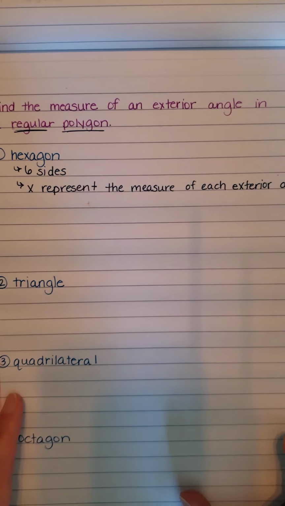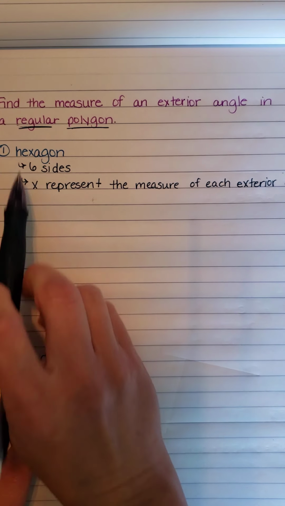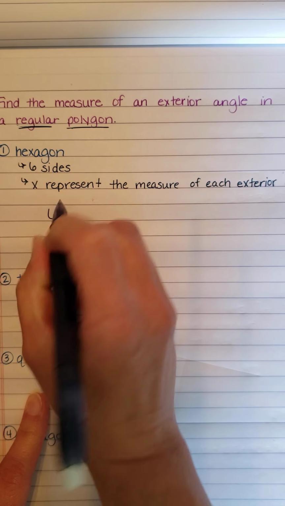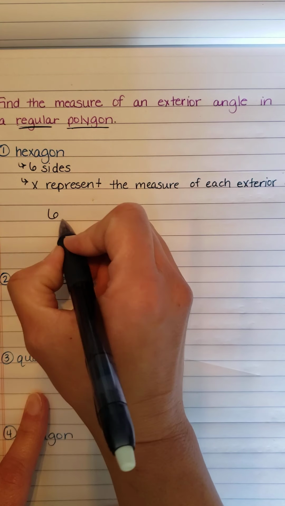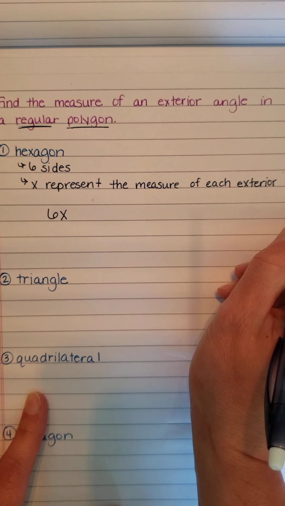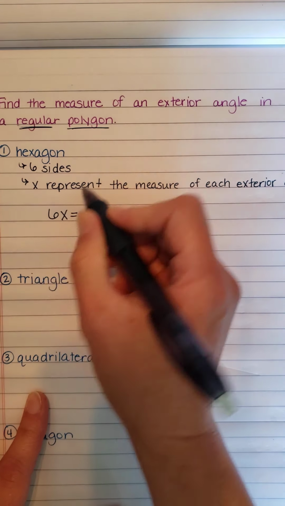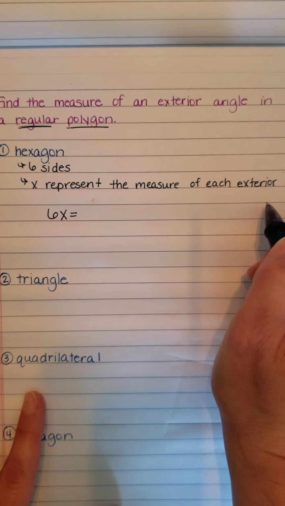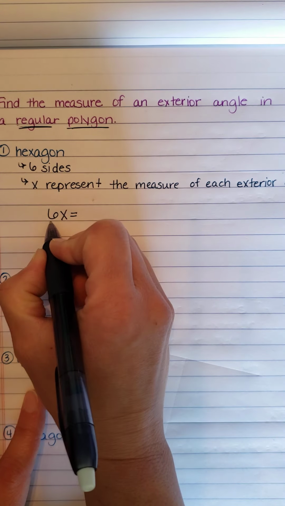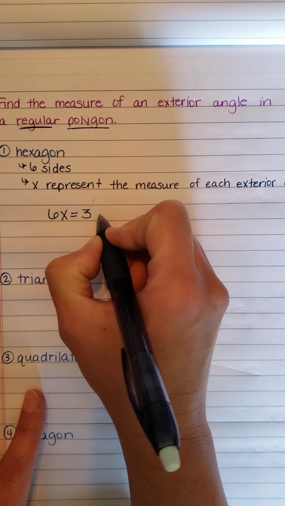Okay, so we are going to set up an equation. We know that a hexagon has 6 sides. We also know that it has x number of exterior angles. And we know that if we take all of those exterior angles and add them together, it has to equal 360 degrees. So I have 6x equals 360 degrees.